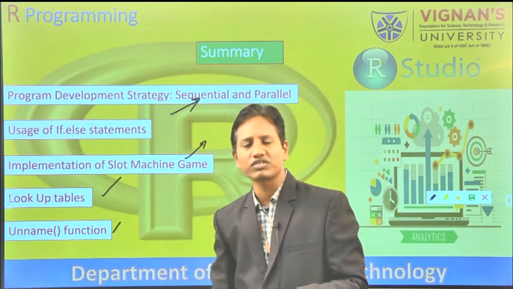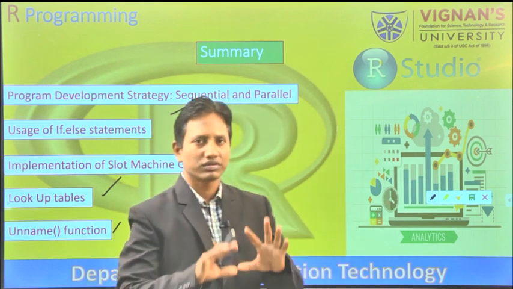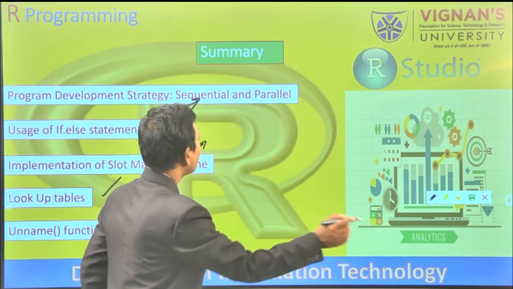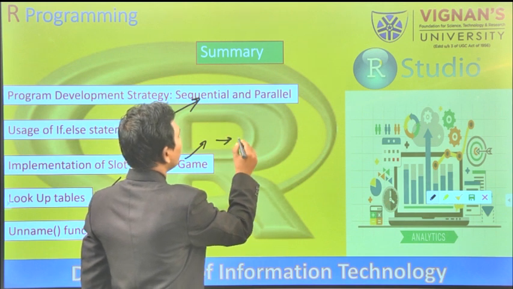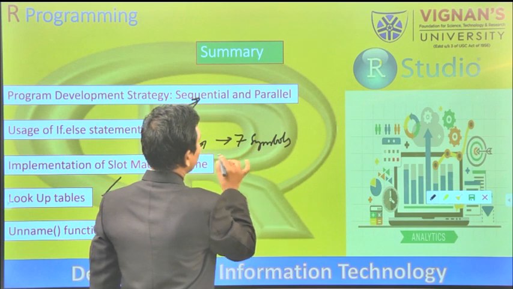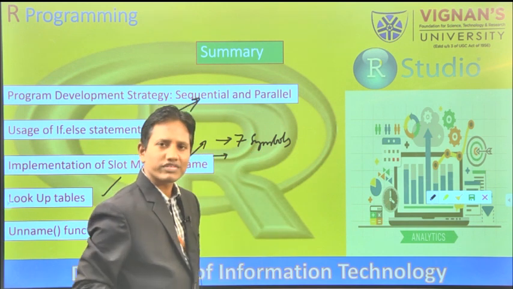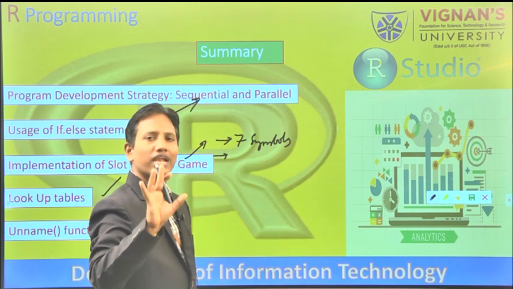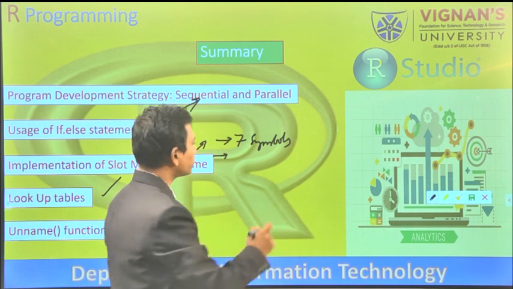If I quickly recap this slot machine program or project, we have 7 symbols. Out of the 7 symbols, we have to randomly generate 3 symbols.